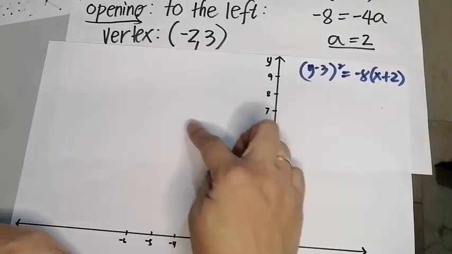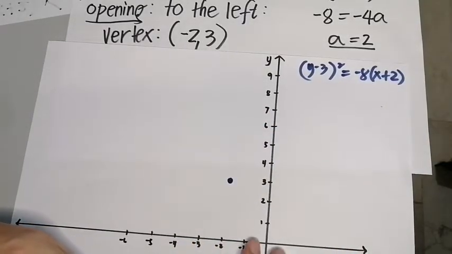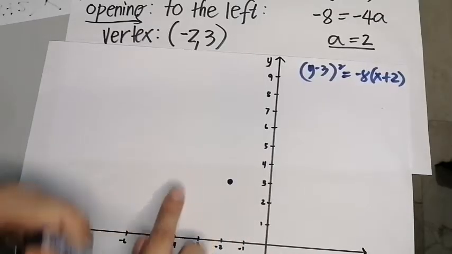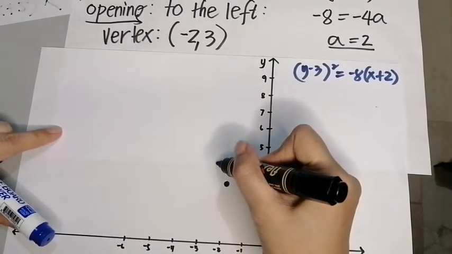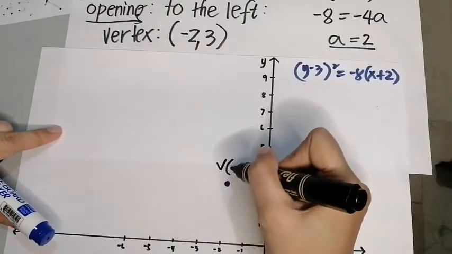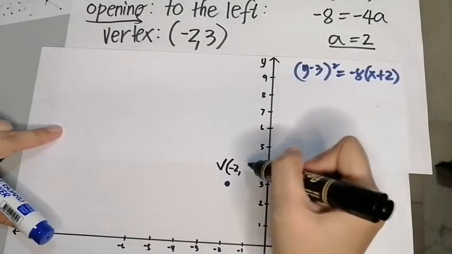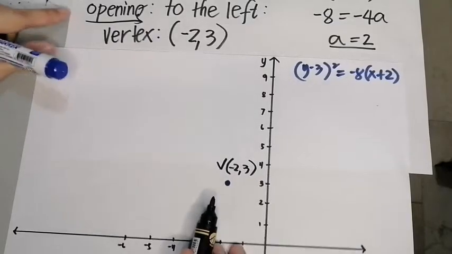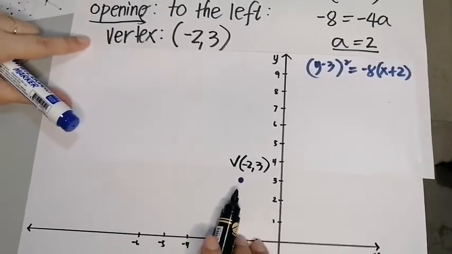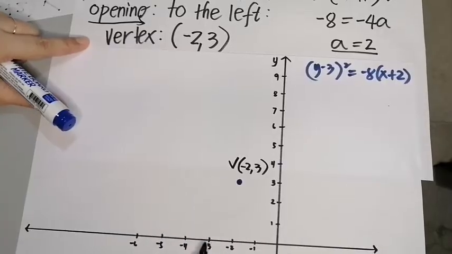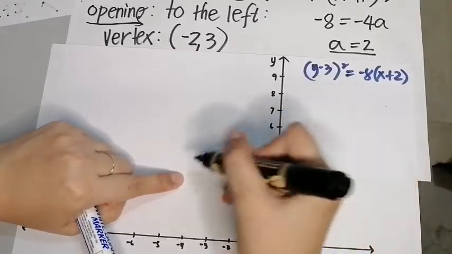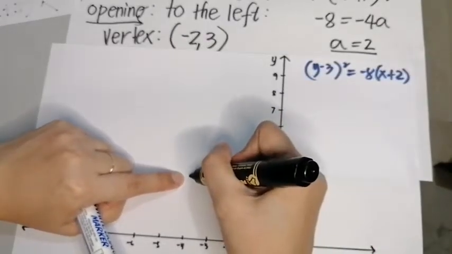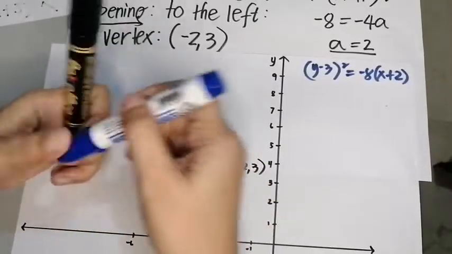The parabola opens to the left, right? So for us to be able to find the focus, we have to count 2 units to the left. This is the vertex, with coordinates (negative 2, 3), and then determine the focus. That's 2 units to the left, so 1, 2. Our focus will be at this point. Okay, let's use the blue one.